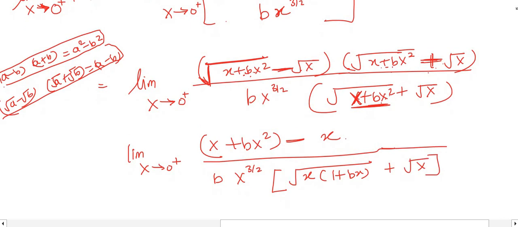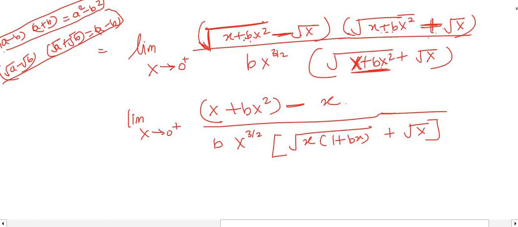Okay. Now what can we do to simplify? Now what we are getting is x and x is cancelling. Correct? And then this b and this b is cancelling. So what we are getting, just keep on solving patiently.